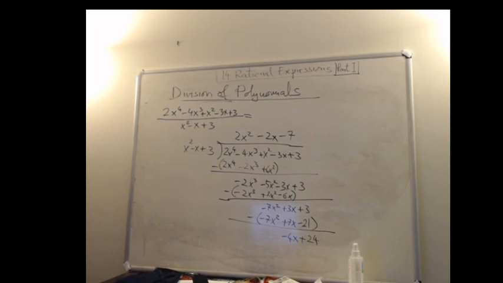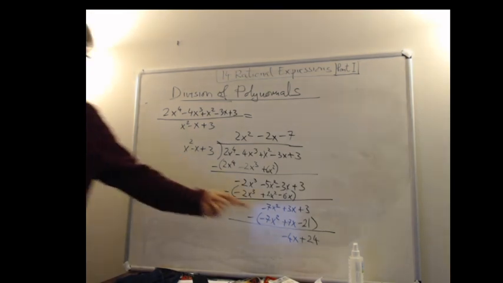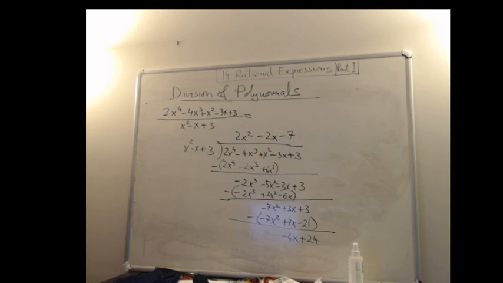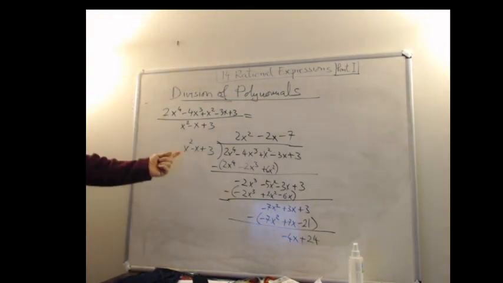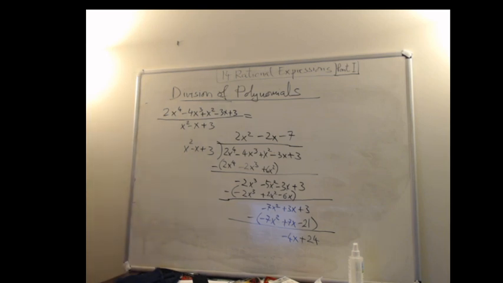What now? You're done. Degree 1, degree 2. This is a remainder. Remainder has a degree smaller, degree 1, than the divisor. Then you know you're done. There's no floating point division here. We could have one, but we are not going to go into that.